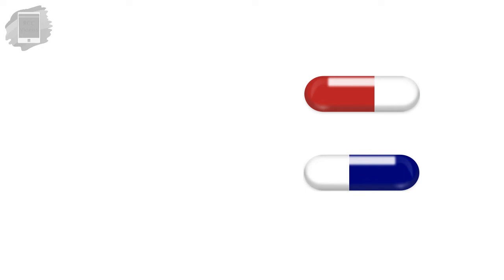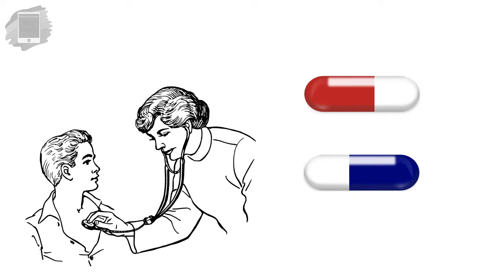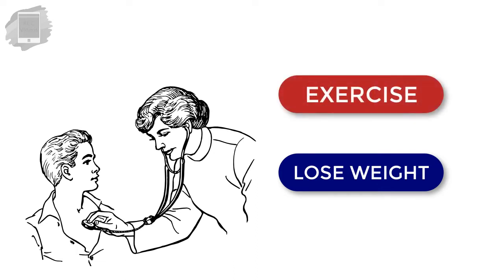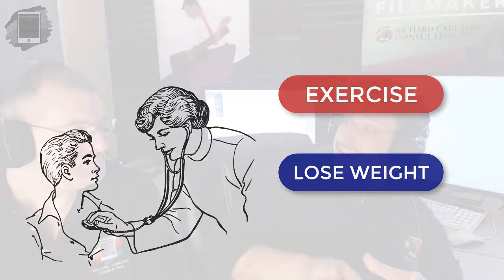Imagine you have a sickness and you go to the doctor and ask for a pill. No. You have to lose weight and you have to exercise. There's no magic pill to remove your problem. Okay. So here we have the same problem. We need to exercise and we need to lose weight. So to do this, we need to change the architecture of the solution.